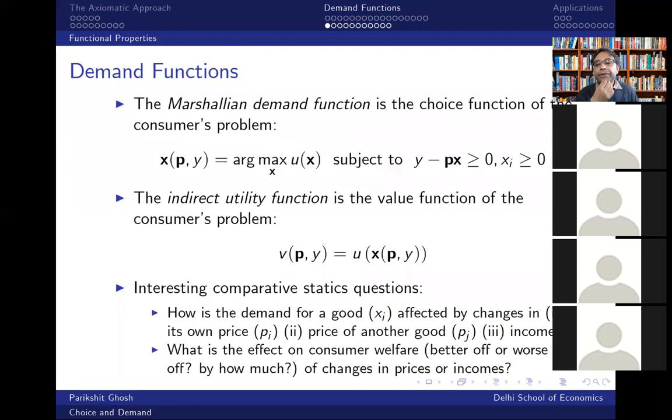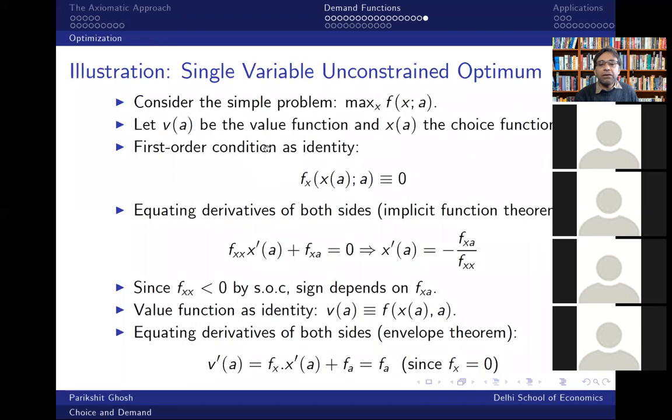Sir, you said that the slope of the Lagrangian function is actually equal to the slope of the value function. How come that's true? Well, in this simple problem, I just proved it. In this simple problem, the Lagrangian is basically the f function. There's no constraint, so there's nothing to attach to it.